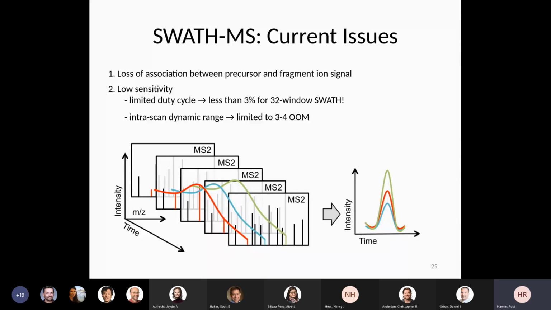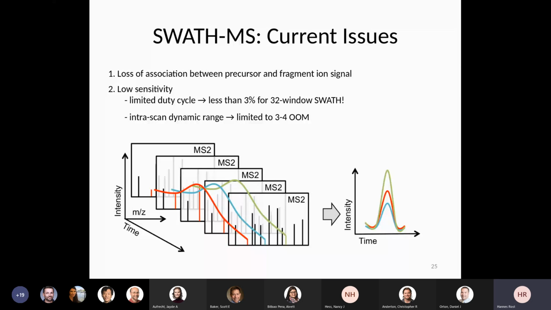And so one of the things we realized is how these two problems are connected to the acquisition process, namely that the limited duty cycle actually means that because we have to cycle through these individual SWATH windows, and usually we use something like 32 up to 64 different windows, so that's the pixel size in the mass to charge dimension, if you use 32 windows and you cycle through these windows subsequently, it actually means that your mass spectrometer only spends 3% of its time on one given window.